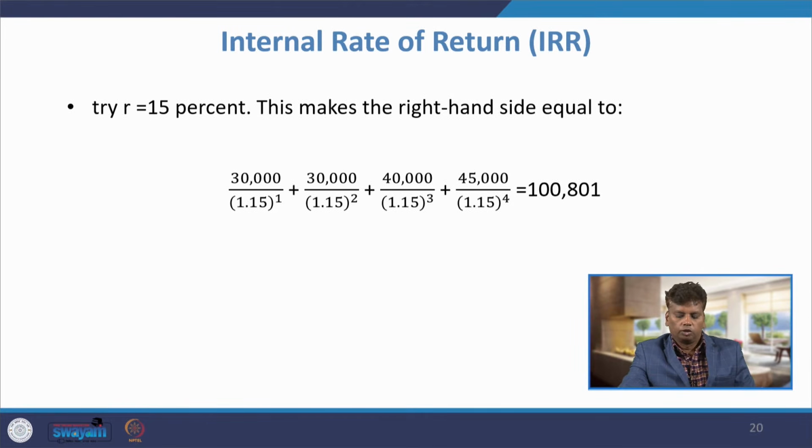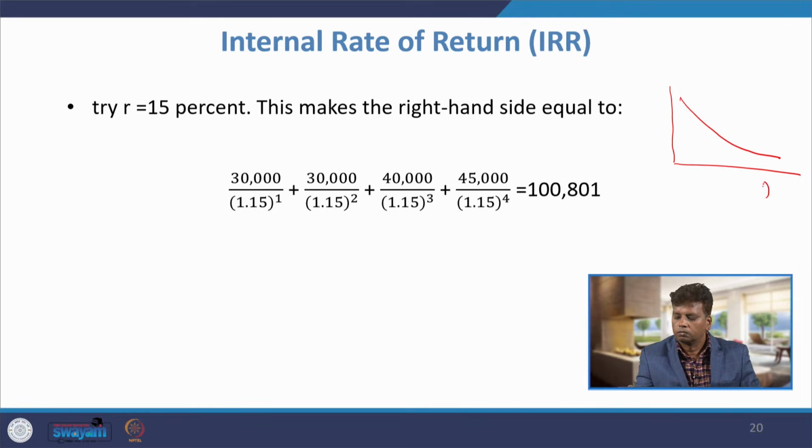So, if you want to decrease this, as I told you, the interest rate and the NPV have an inverse relationship. So, it will be like this. Where it is touching here, now we have to find out the R when NPV becomes 0.